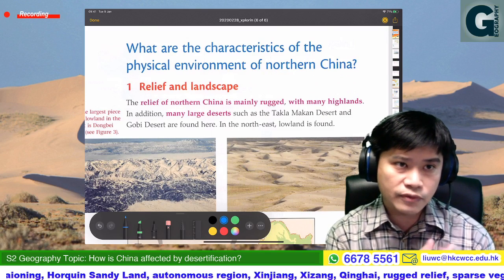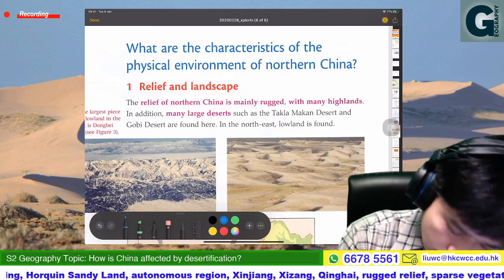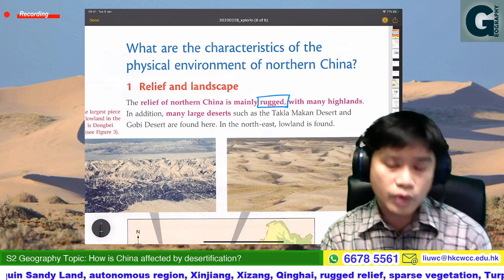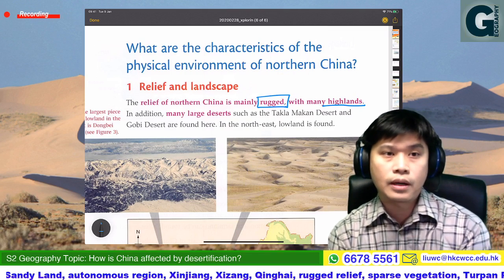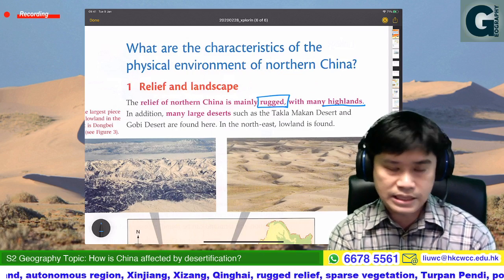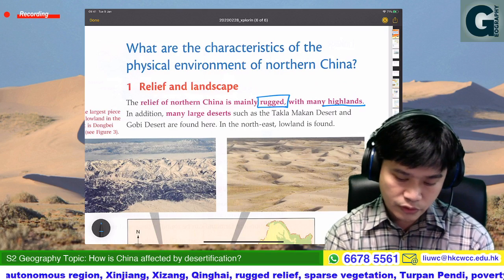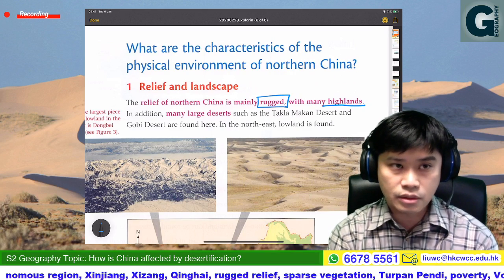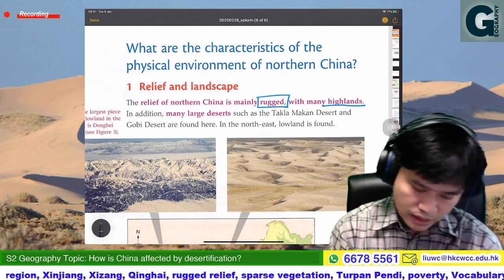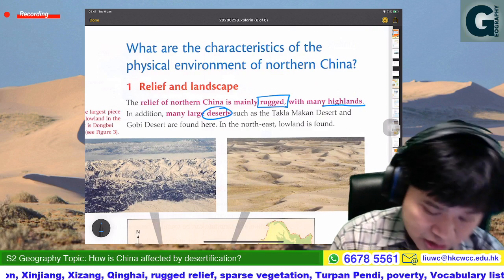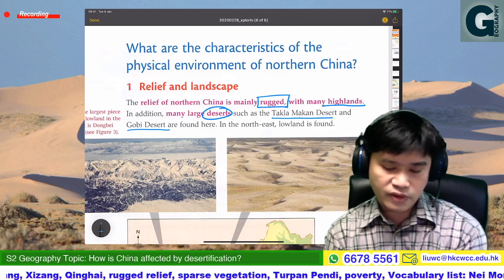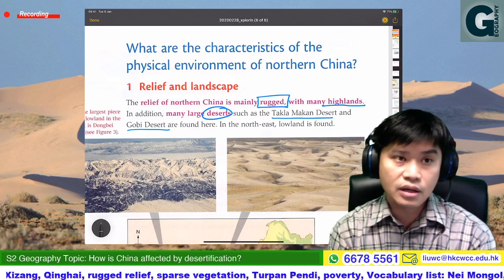So therefore, for the relief of northern China, we always use this term to describe: relatively rugged with many highlands. 以高地為主啦，一啲比較崎嶇嘅地勢啦, rugged, with a lot of highland that is relatively high compared to the coastal region. In addition, many large deserts, such as what we mentioned before, the Taklamakan Desert and Gobi Desert, are found here in the north.